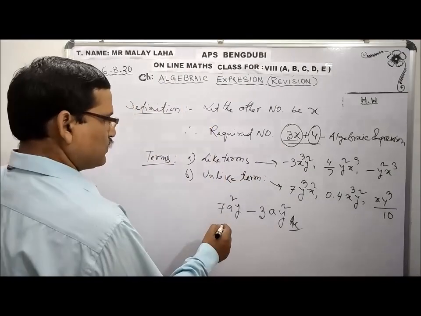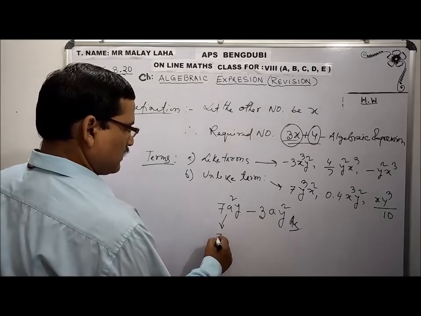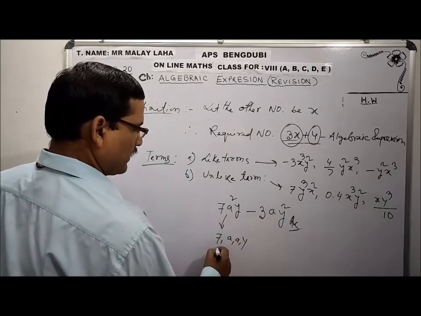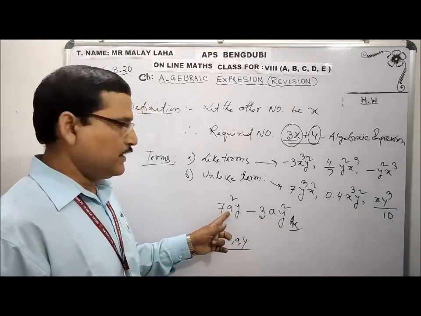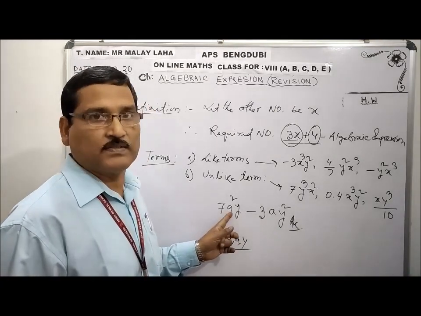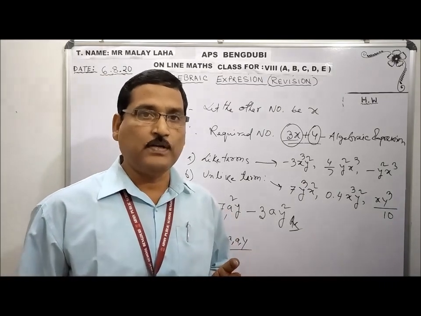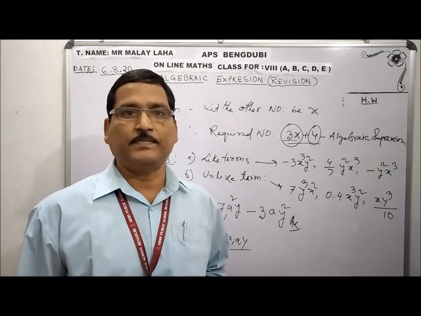Now here also, factors. I am talking about the factors. Here what are the factors? 7, a, y. Each part is called a factor of this term. Now, an algebraic expression, a polynomial, I am talking about. A polynomial consists of one term or many terms, it does not matter.